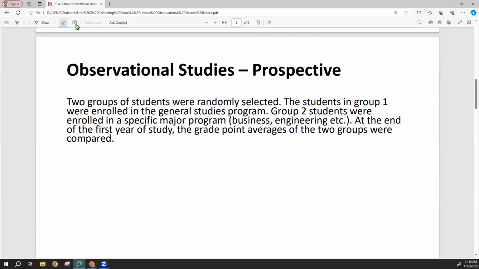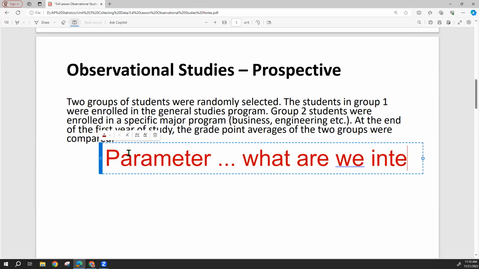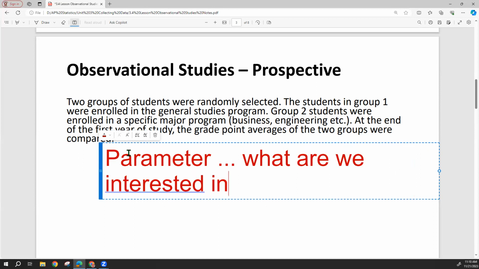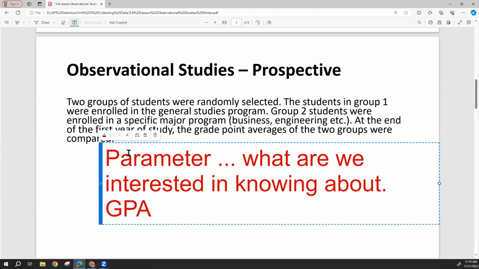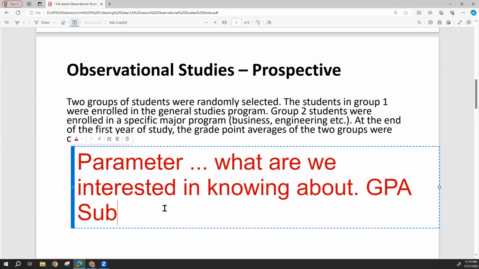So in this study here, the parameter of study, the thing that we're interested in knowing, is GPA. So that's the parameter. That is the measure we are interested in knowing. And in this case, our subjects are the students.